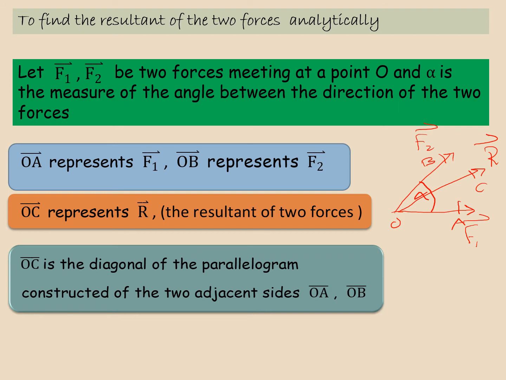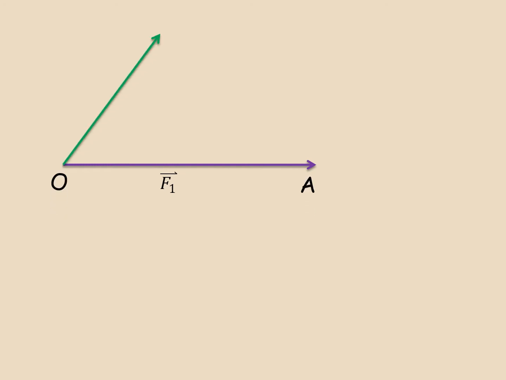If you complete the figure, you will find that OC is the diagonal of the parallelogram. Like this, F1 OA and F2 OB, and alpha is the included angle.